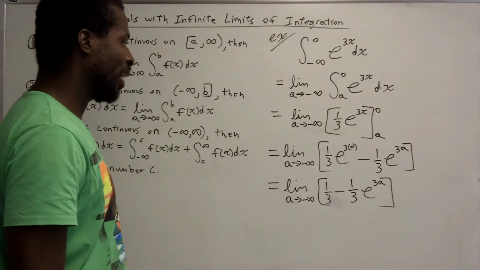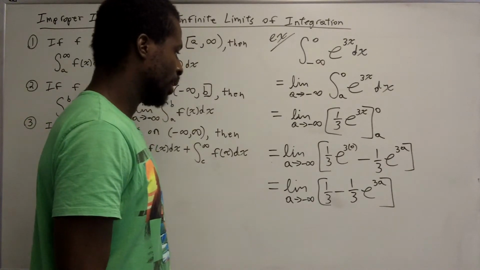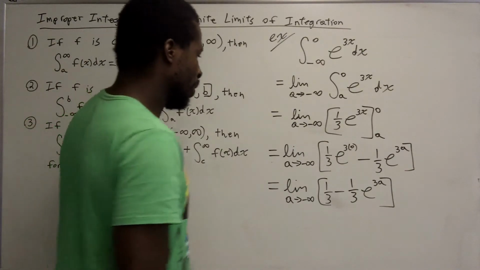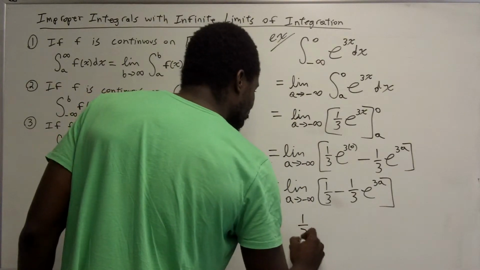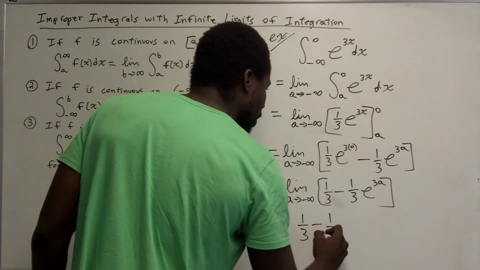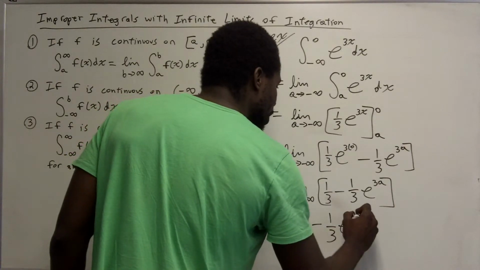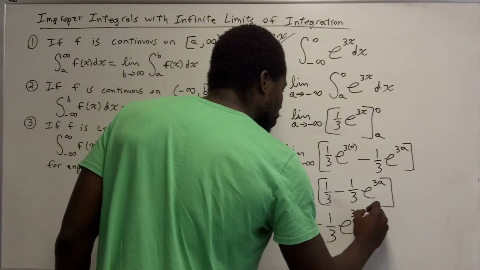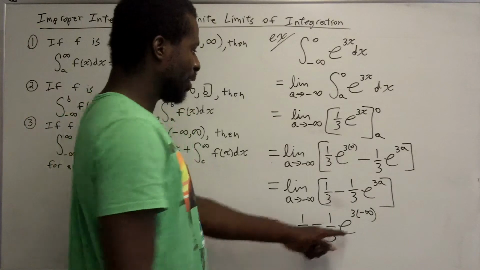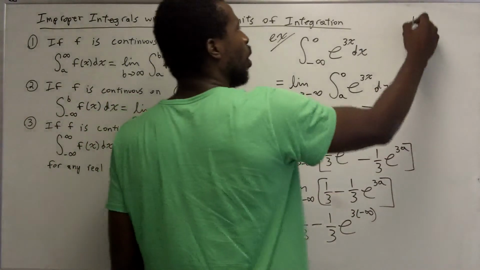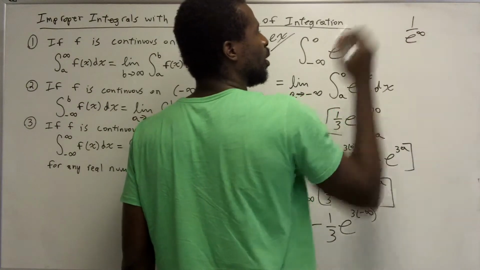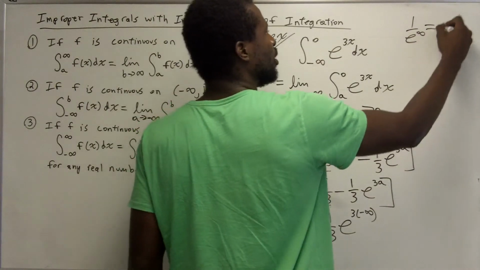As a approaches negative infinity, direct substitution yields 1/3 minus 1/3 times e to the 3 times negative infinity power. When you raise e to the negative infinity power, that's like 1 over e to the infinity, and 1 over e to the infinity is 0.